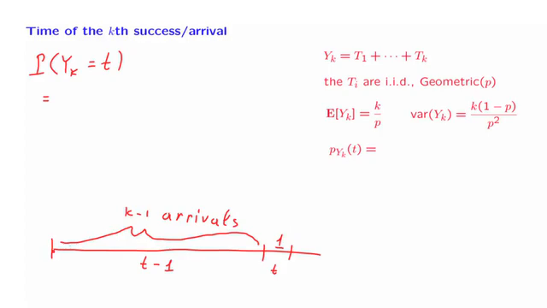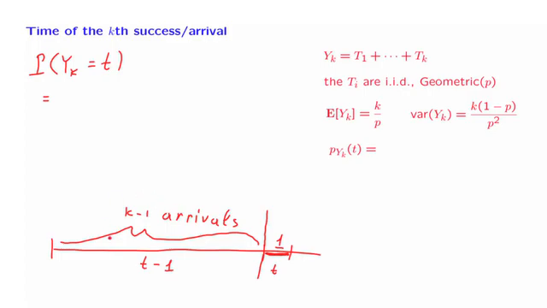Now, this event, k minus 1 arrivals in t minus 1 slots, is an event that's completely determined by whatever happens in the first t minus 1 time slots, whereas the event of an arrival at slot time t refers to whatever happens during slot time t. Because of our assumptions on the Bernoulli process, whatever happens during these t minus 1 time slots is independent from what happens in slot number t.